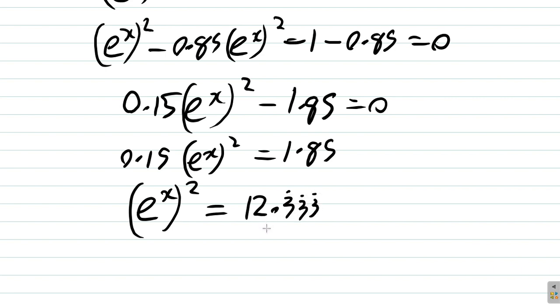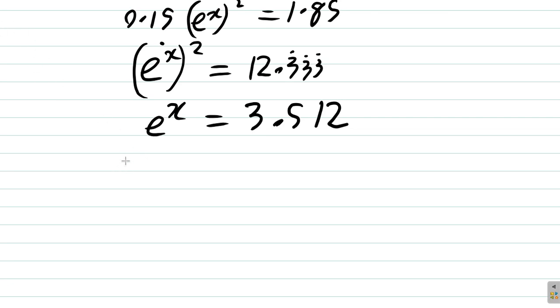Alright? Now what do we do? Let's square root both sides, because it's e to the x squared. So e to the x squared, when you square root it, you're going to get e to the x. Then when you square root 12.33, you're going to get 3.512 to 3 decimal places.